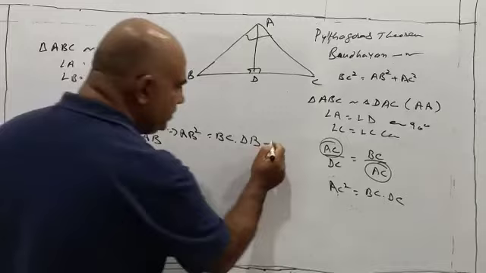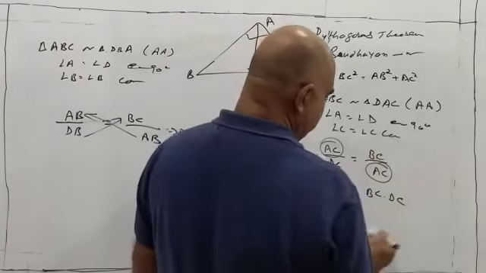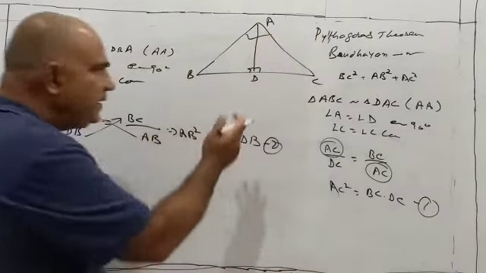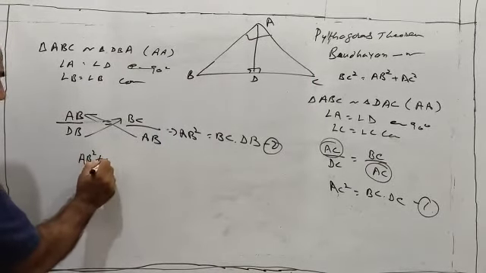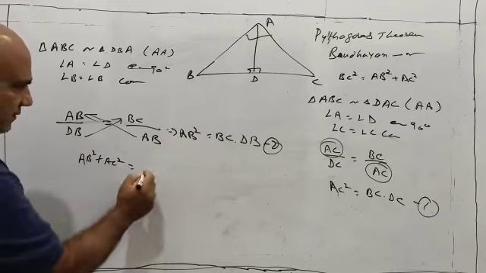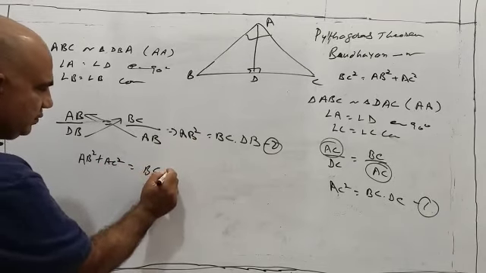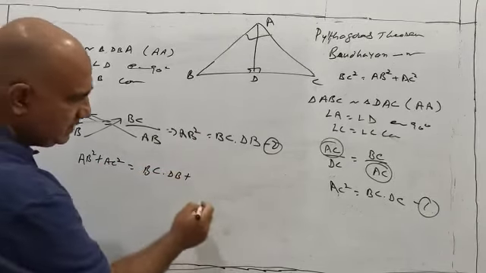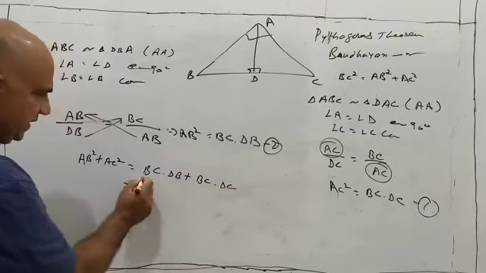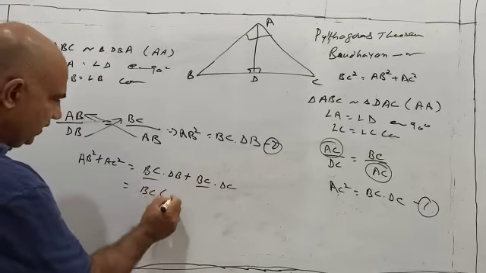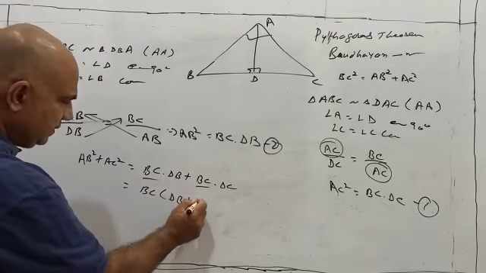Now this is say equation 2 and this is say equation 1. If I write AB square plus AC square, then I will get BC into DB plus BC into DC. So if I take BC common, it becomes DB plus DC.